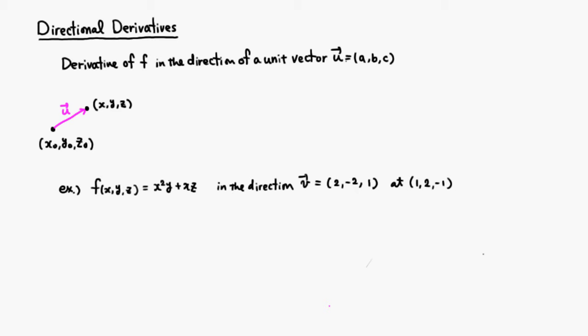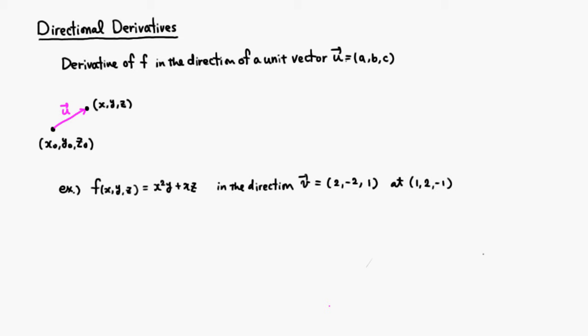Alright, let's talk about directional derivatives. Let's find the derivative of function f of x, y, z in the direction of a unit vector u equal to a, b, c. So let's say you're moving from the point x, y, z in the direction of u.